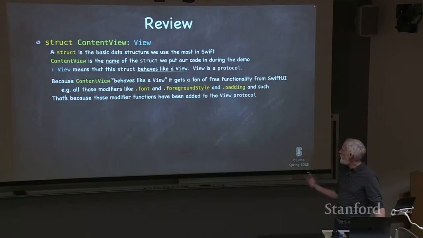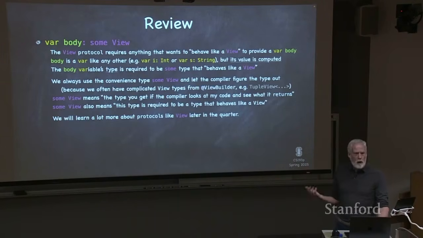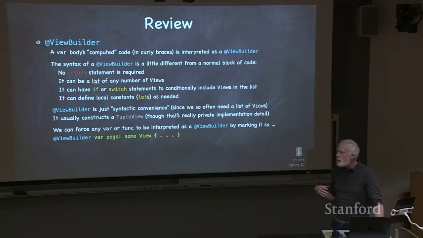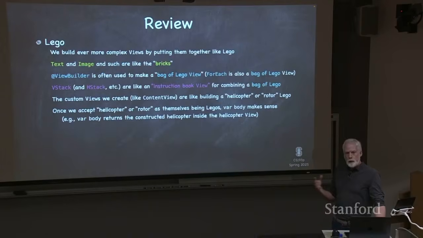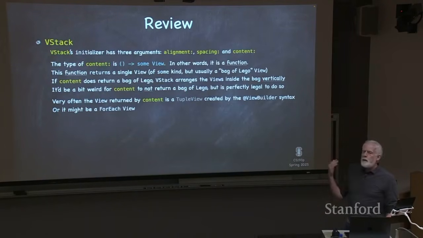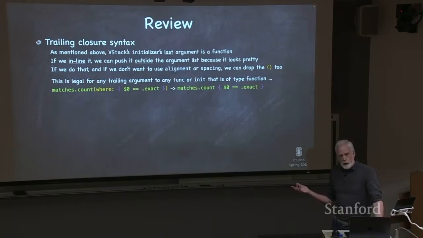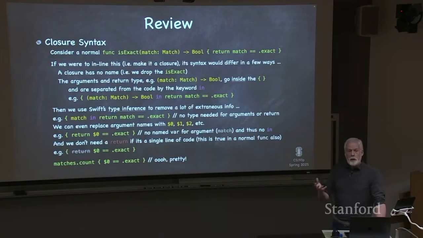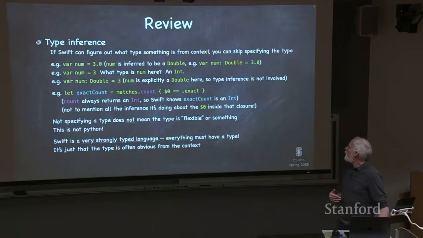For each of them, I've come up with a page: here's our ContentView that behaves like a View, here's var body and what it's all about, here's ViewBuilder, our bag of Lego views, here's the Lego analogy itself, VStack we know about, HStack and ZStack also, trailing closure syntax, which I just showed you, closure syntax in general, which I just showed you as well, type inference, we talked about that, and there's a little bit more here about the fact that it can infer even things like var num equals 3.0, that num must be a Double, a floating point number versus an Int.